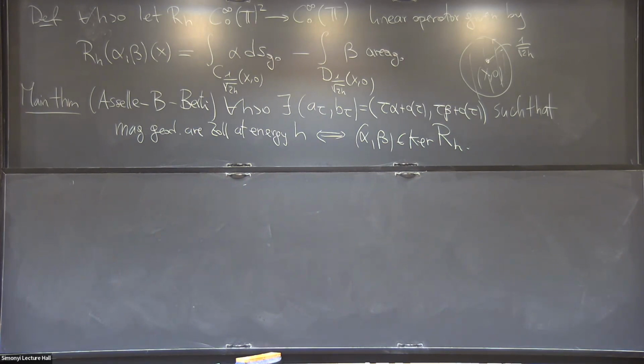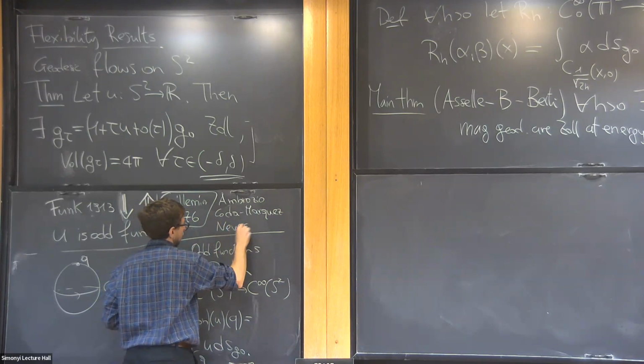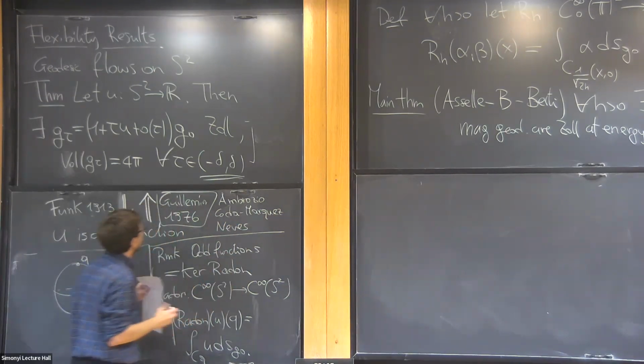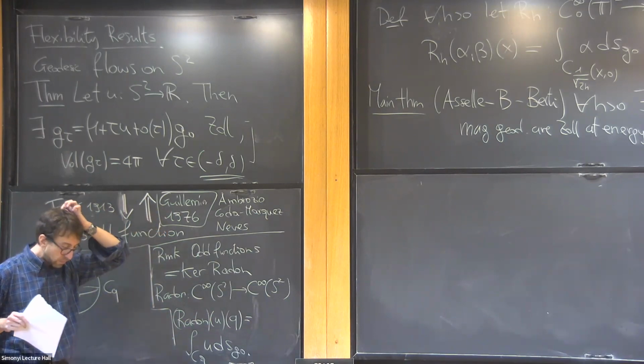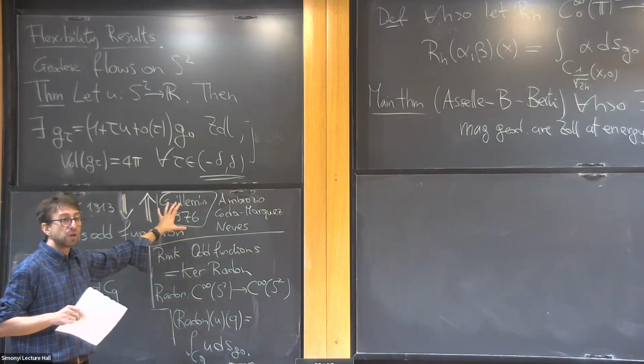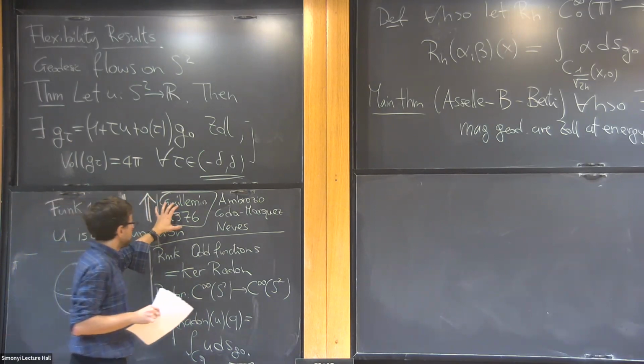Codamarques, and Neves, which basically reproved Guillemin's result, but also did the case of these hypersurfaces of prescribed mean curvature.